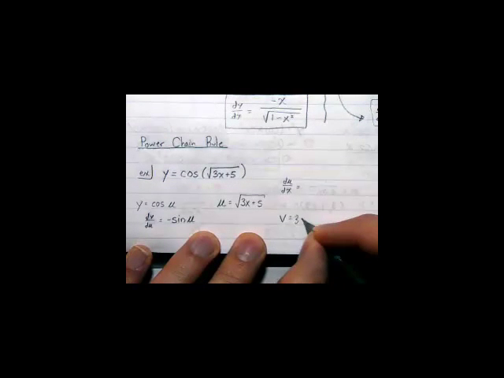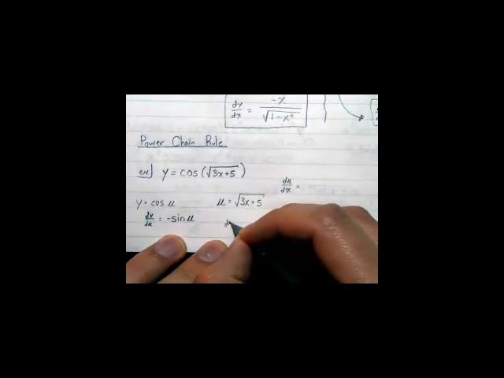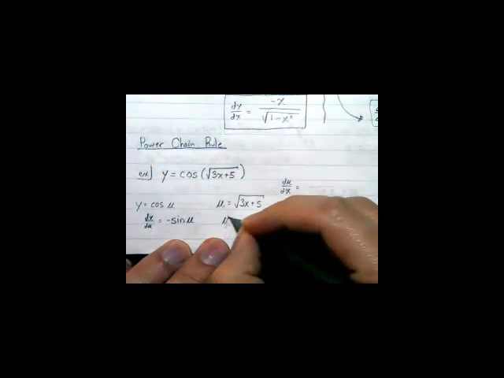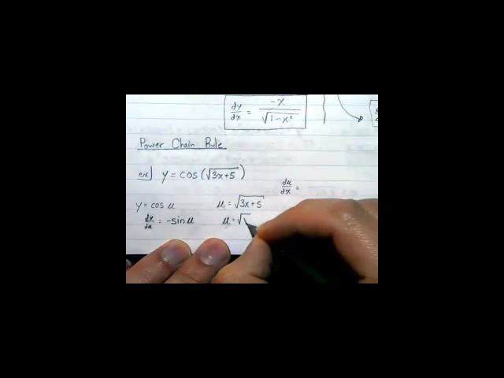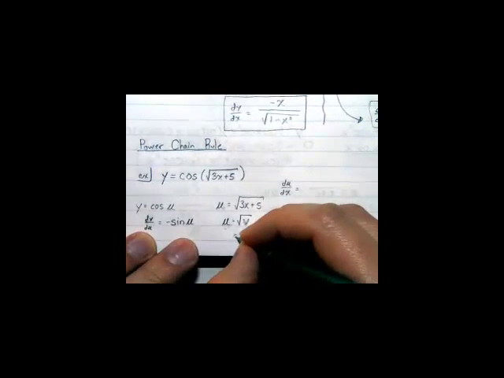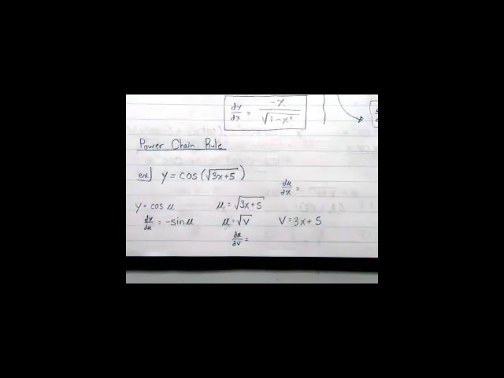3x plus 5. Okay, and so then I got to rewrite my u with the v in there now. Okay, so u becomes the square root of v because of this, right? I just took the 3x plus 5 out, and now it's a v. So now I got to do du dv, which I can.